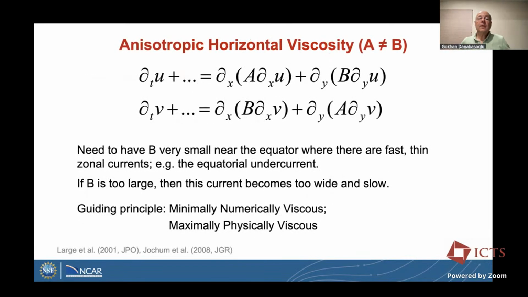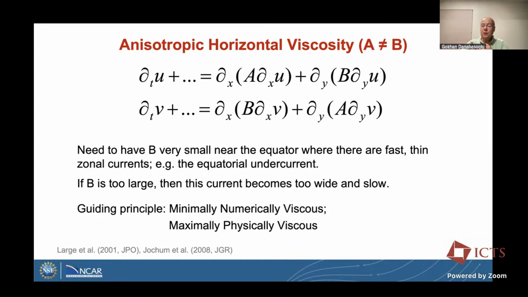We ended up using an anisotropic horizontal viscosity formulation, and I'm showing it here. By anisotropic, we mean here the diffusion coefficients are different, A and B. For example, in the zonal momentum equation, the meridional diffusivity of the zonal velocity is actually dictated by or influenced by a coefficient B as opposed to a coefficient A. We chose to do that because we need to have a B relatively small near the equator because we have really fast currents there.